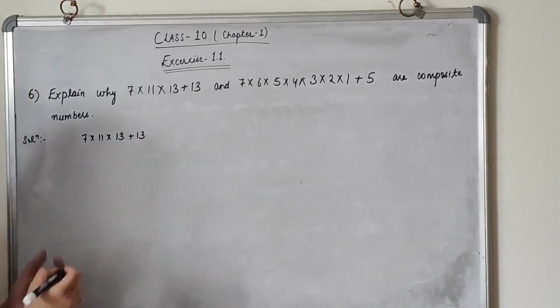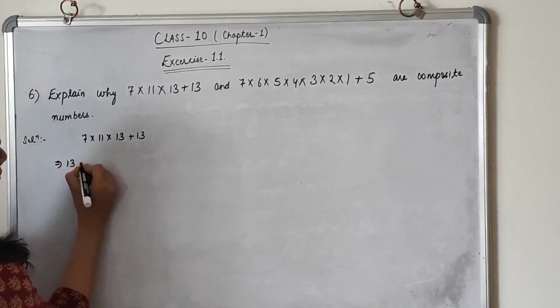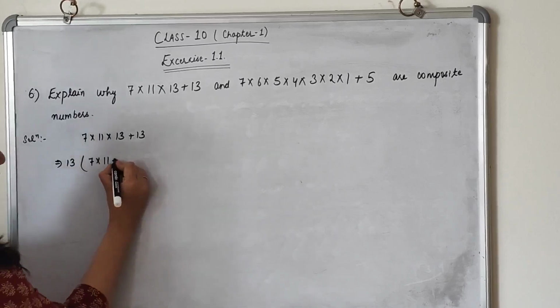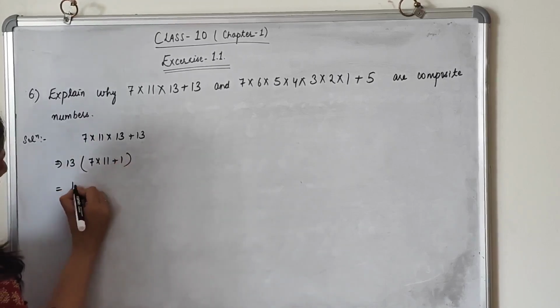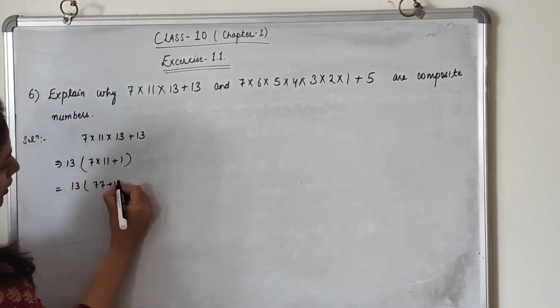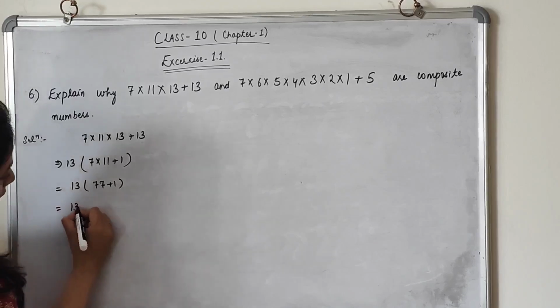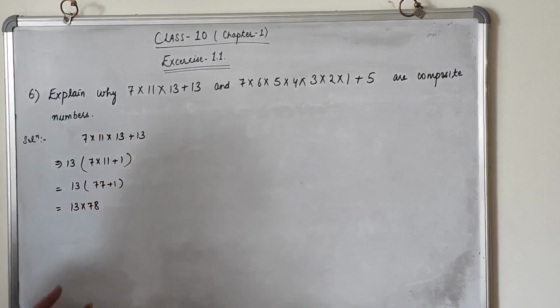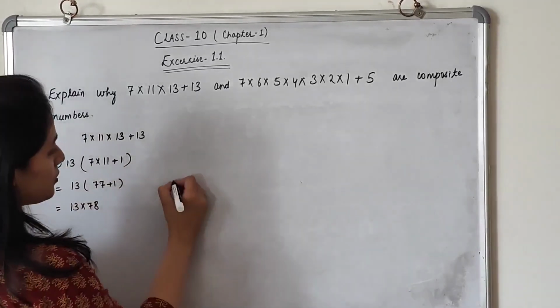What is common? 13 is common. So what is left inside the bracket? 7 × 11 + 1, which is 77 + 1. 13 multiplied by 78. So what are the factors of 78?